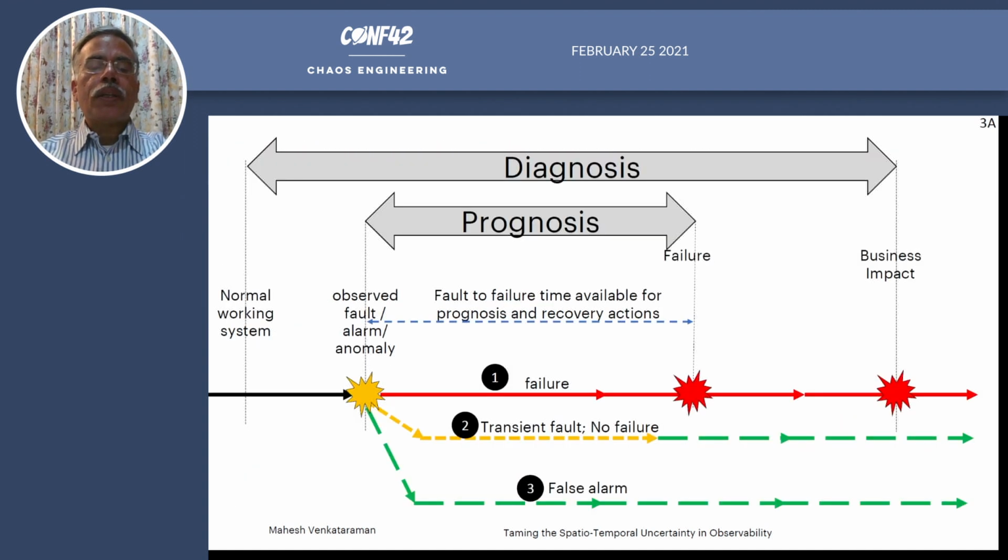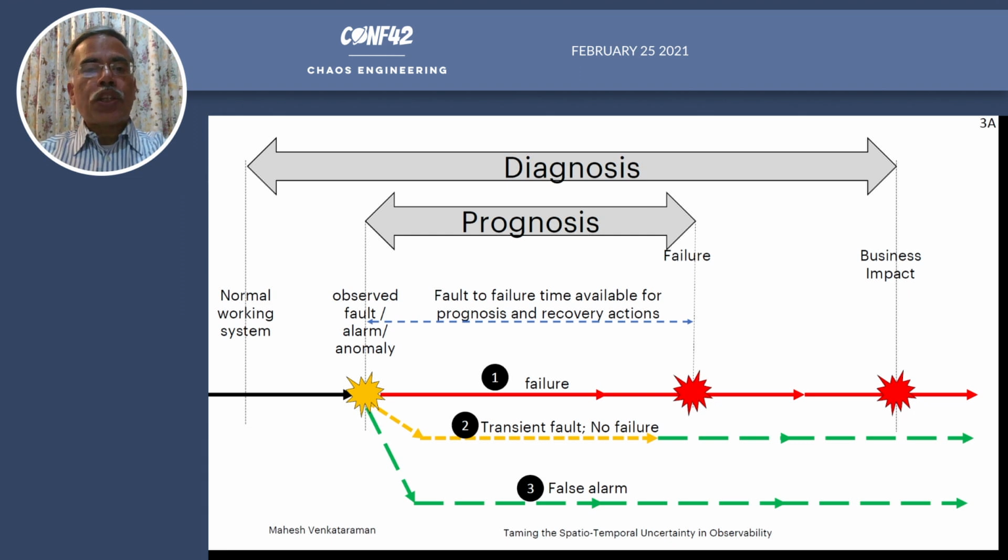This diagram gives an idea of how one can take an integrated view of prognosis and diagnosis. As you can see, there is a fault or an anomaly at a particular instant initially. The subsequent event pathways after this event could take three possibilities. First, it could lead to failure. Second, it's a transient fault and does not lead to any serious failure.